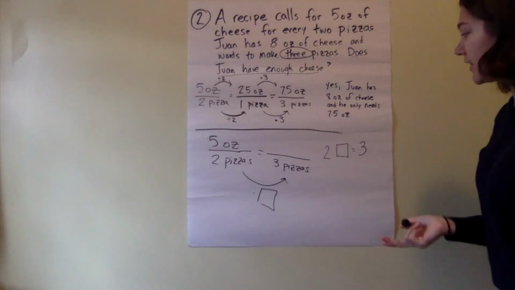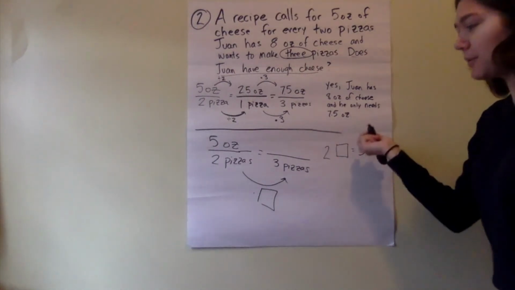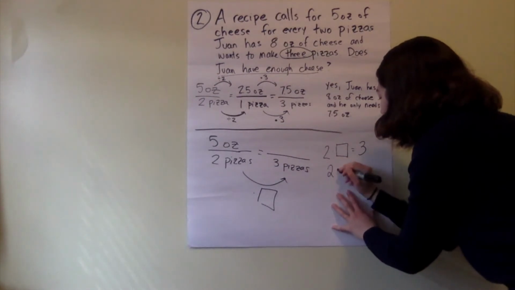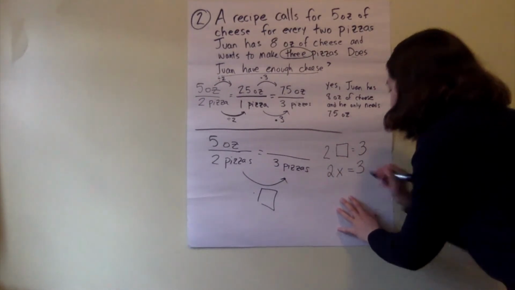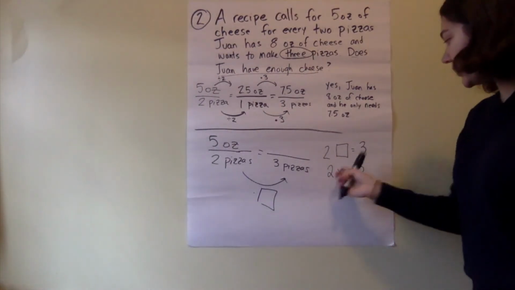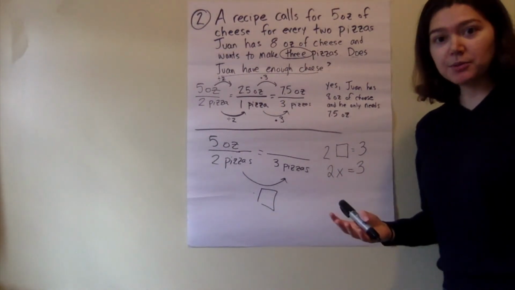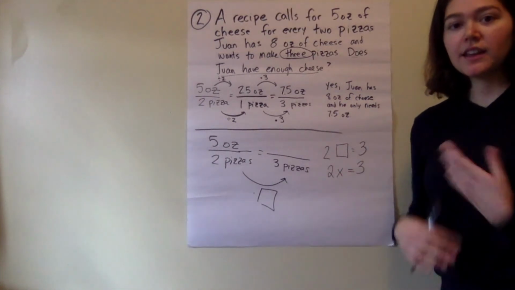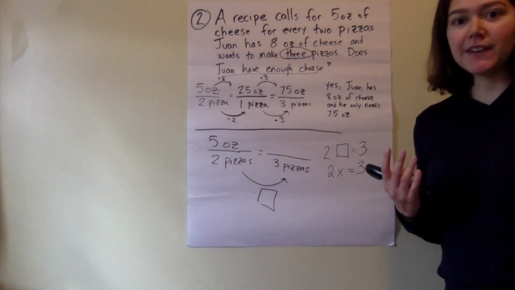I could write that as an equation, right? Because that mystery number is a variable. So I could write this as 2 times x gives me 3. And I need to figure out what x is. So I'm going to solve this equation by undoing multiplying by 2. 2 times x. How do you undo multiplying by 2? We divide.